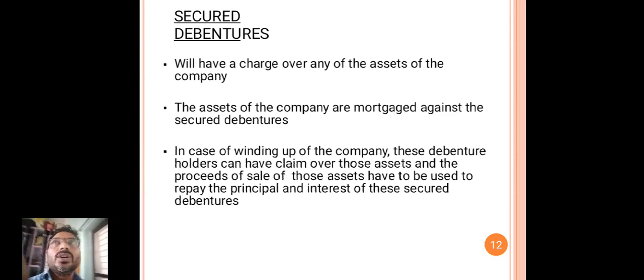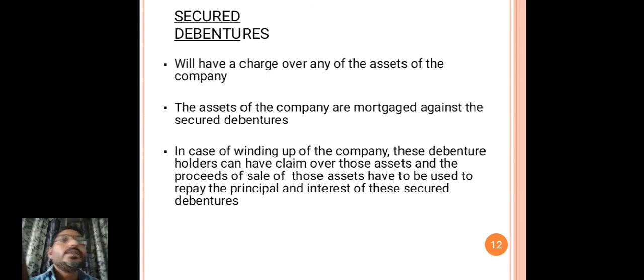In case of winding up of the company, these debenture holders can have a claim over the assets and the proceeds of sale of the assets.